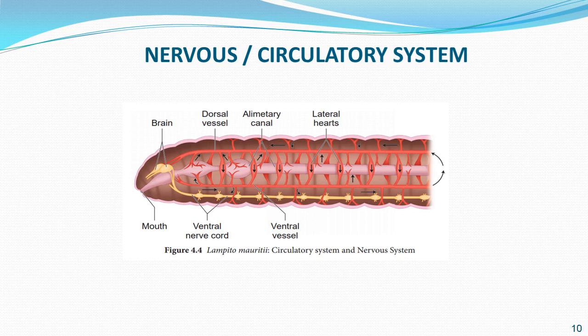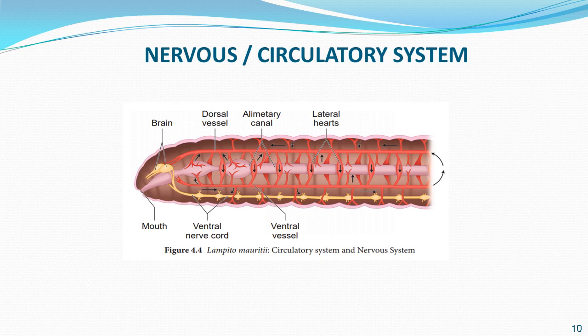The next topic is the nervous system as well as the circulatory system, right? Both we can explain in the same figure. If you look at this picture, the white color marking is the nervous system and the red color tube is the circulatory system. Our nervous system consists of a brain, spinal cord as well as nerve tracts, right? Almost the same here. Can you watch the brain marked in the head region?